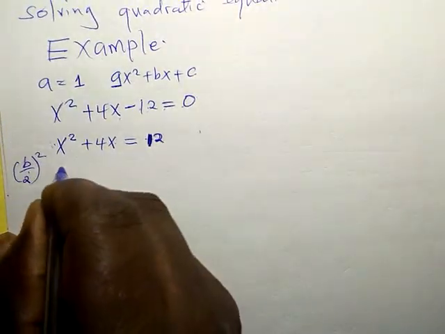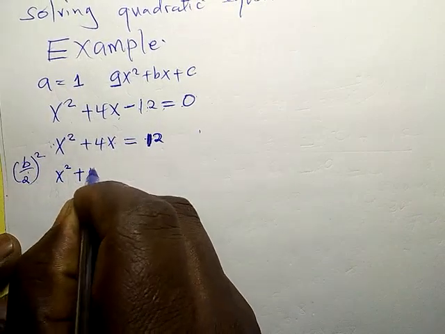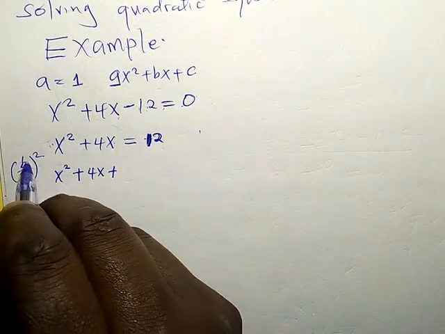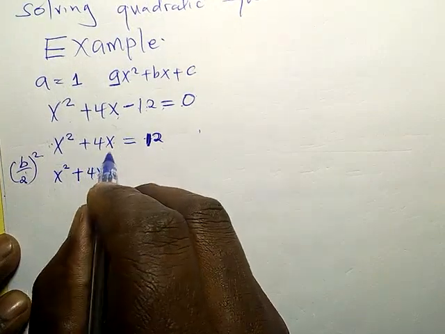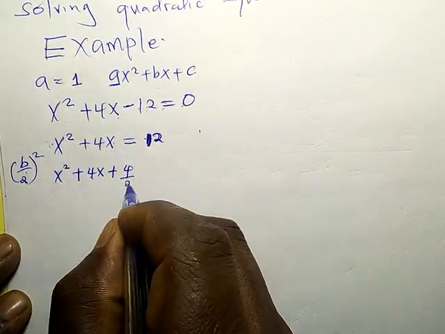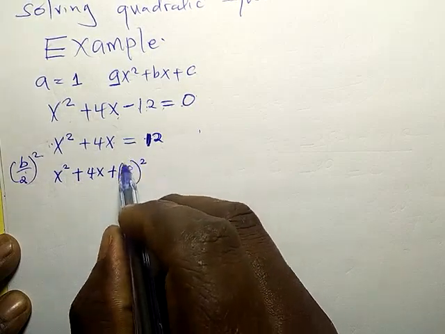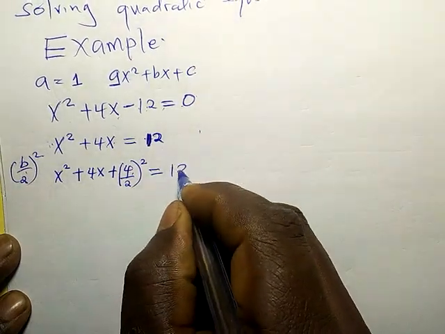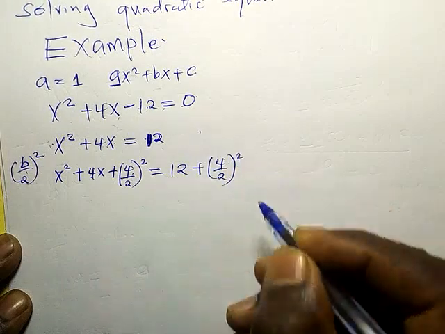So the next step is x squared plus 4x plus (b divided by 2) squared. What is that? It is 4, which is our b, divided by 2, in brackets, squared. What you have added on the left, add it to the right side also: 12 plus (4 over 2) squared.